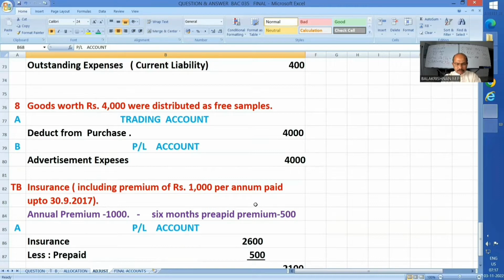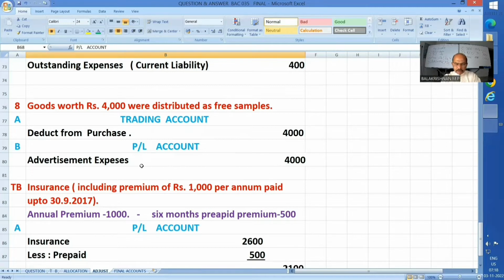Because it has not been subject to sale, then only we'll get the proper cost of goods sold. If we consider an item that has not been considered for sale, we will not get the proper cost of goods sold. So reduce this 4,000 from the trading account and show it as an expense in the advertisement expenses 4,000. Okay.